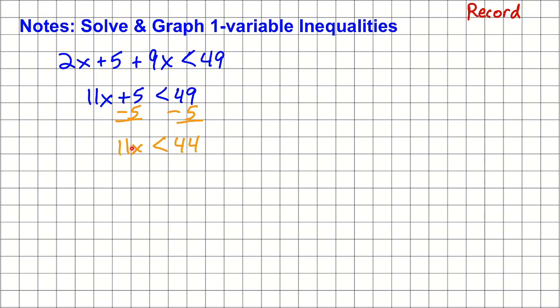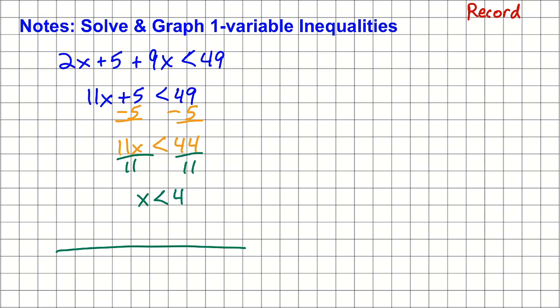Now I have 11 times x, and so I have to divide by 11 because that's the inverse of multiplication, and I get x is less than 4. So that is my inequality, and now I need to graph it.